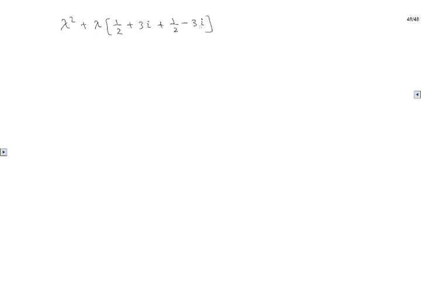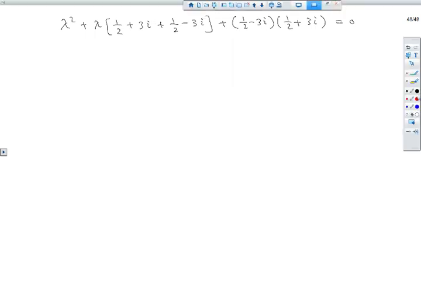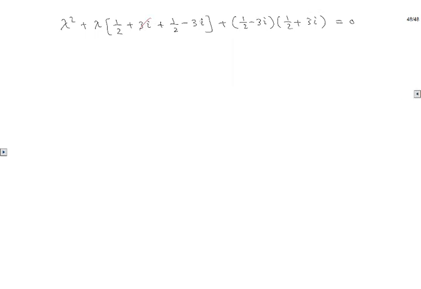Those are the lambda terms, and also (1/2 minus 3i) times (1/2 plus 3i), everything equal to 0. And you can see that these two terms get cancelled, and this is like (x minus y)(x plus y), the difference of squares.